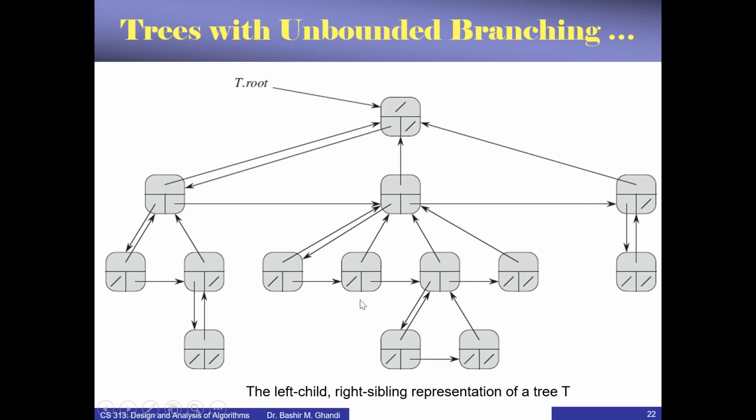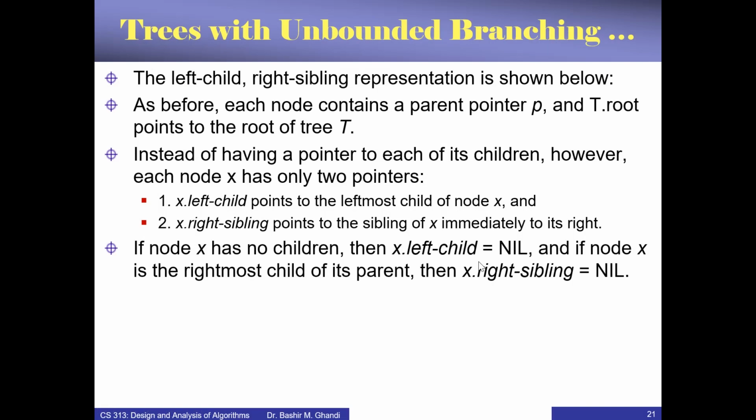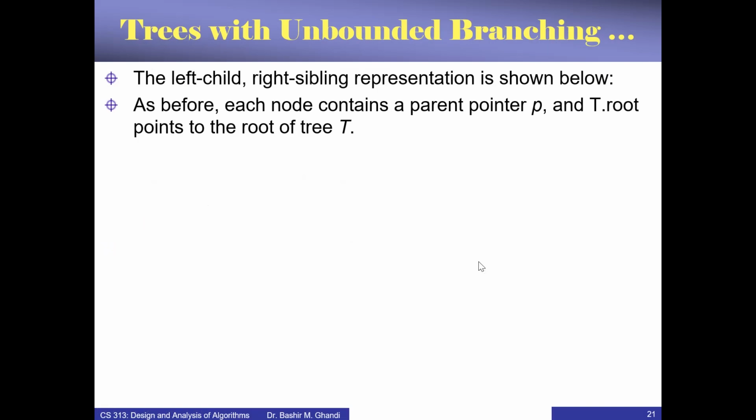Let me explain it as we have here. As before, each node contains a parent pointer p, and T.root points to the root of the tree. So there is no change in terms of the parent, and also the special attribute T.root, which will take us to the root of the tree.